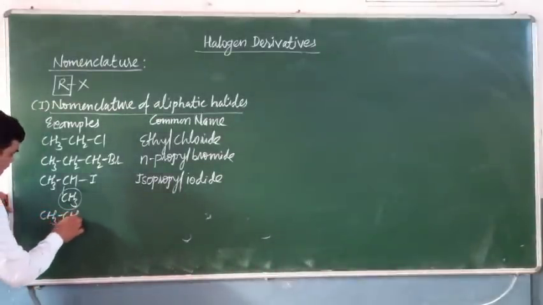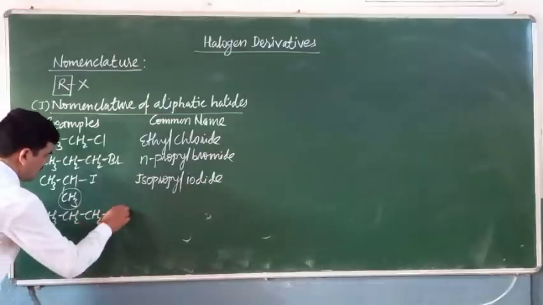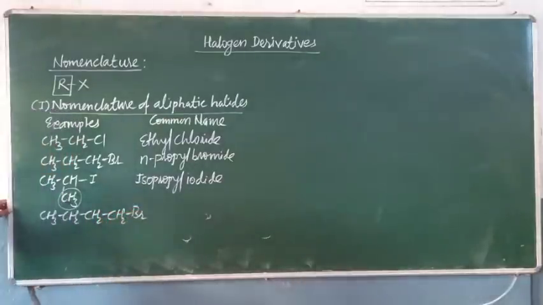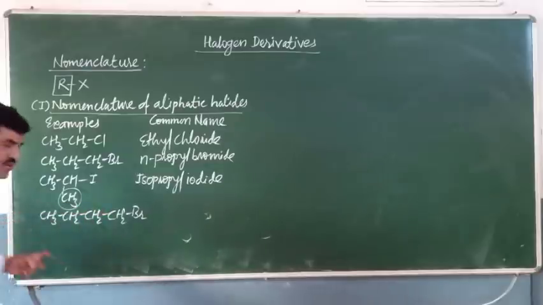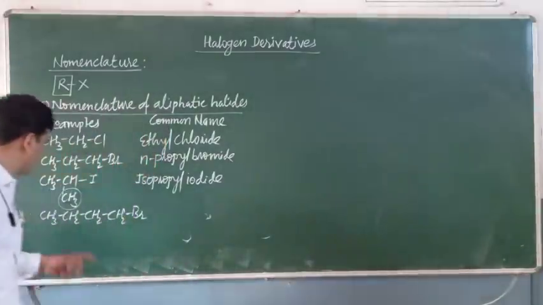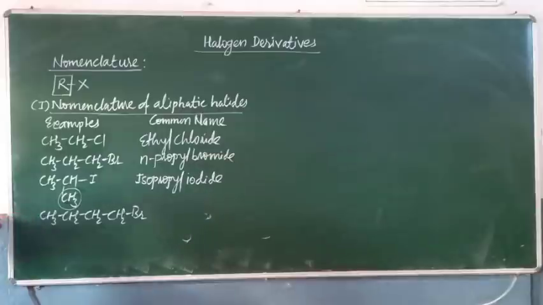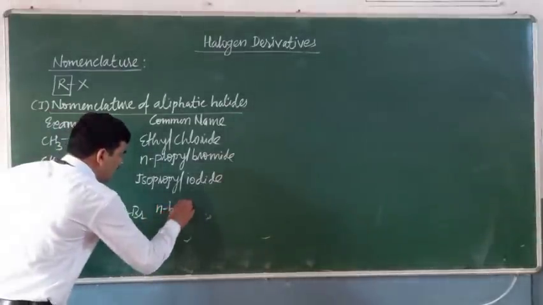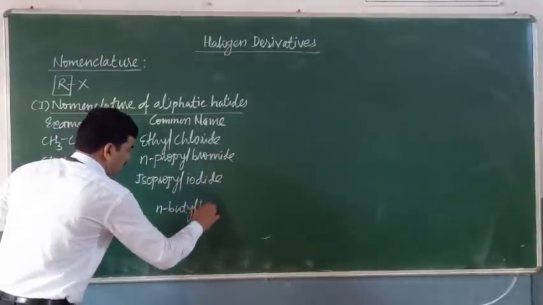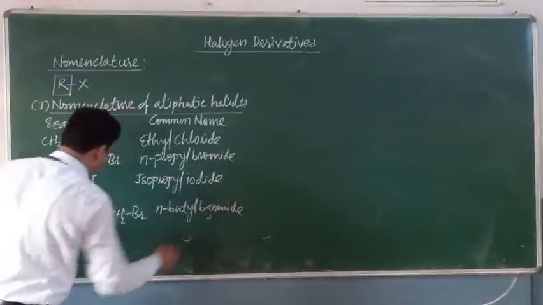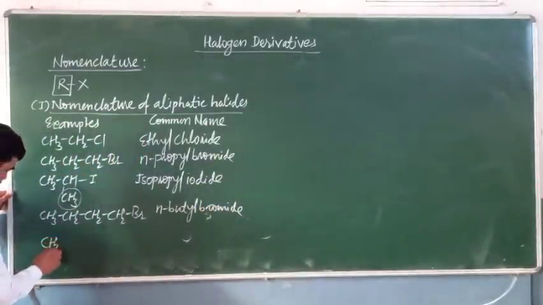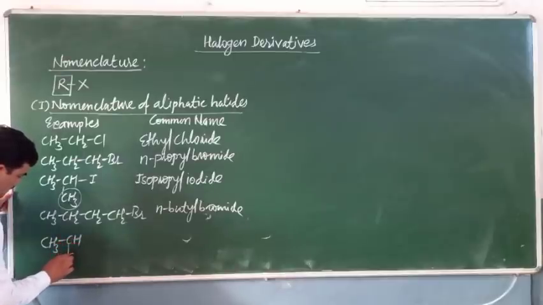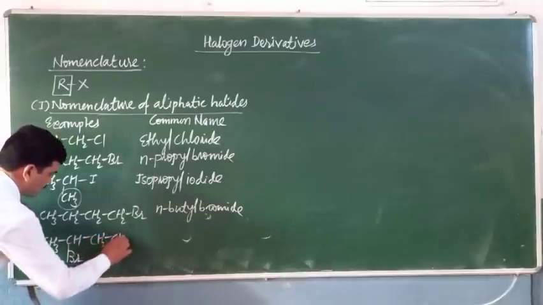Further, CH3CH2CH2CH2Br. Here, a total of 4 carbon atoms are there in the hydrocarbon chain, and therefore it is a butyl chain. All the 4 carbon atoms are in a straight chain, therefore the suitable prefix is n. Its common name will be n-butyl bromide. Then CH3CHBrCH2CH3.